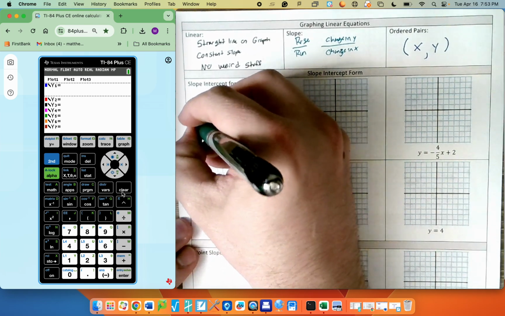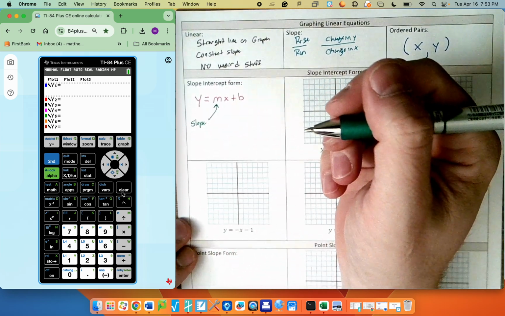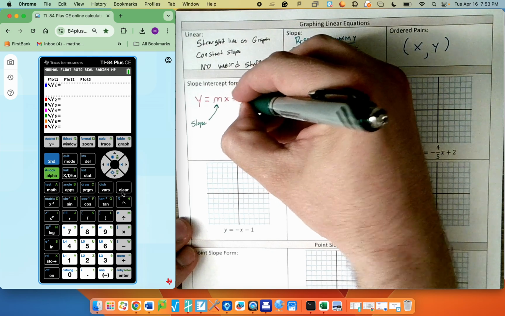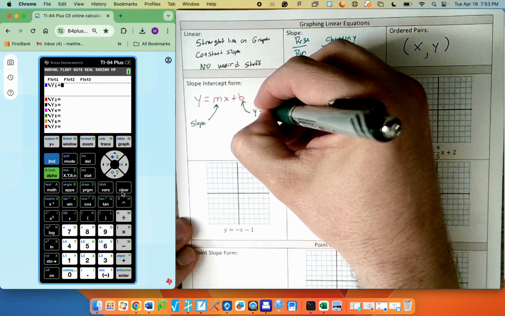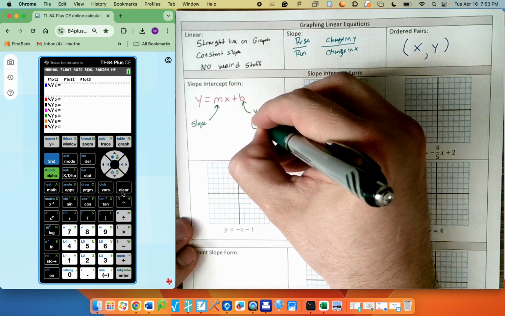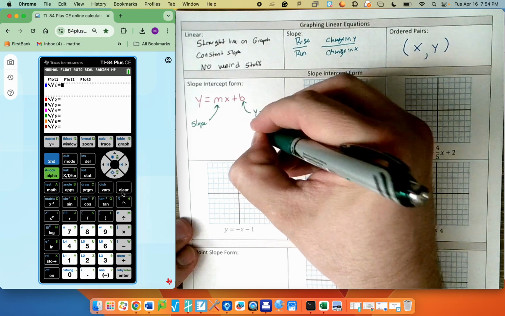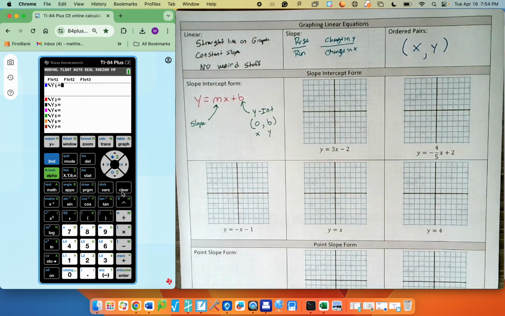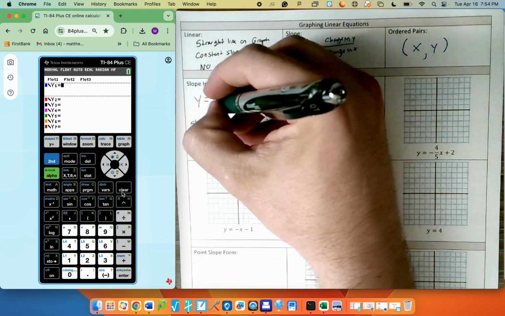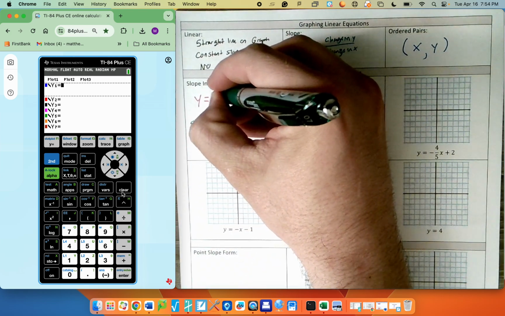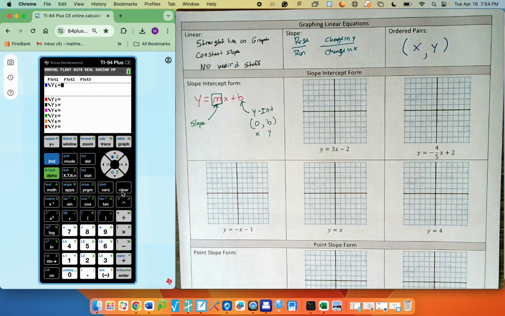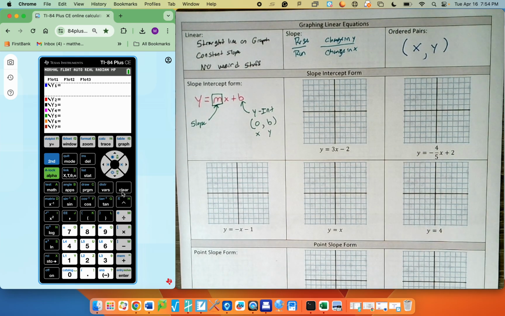M is your slope, while b is your y-intercept, 0, comma b. So that's your x value and your y value. That's how it gets its y-intercept name. Now, the thing about slope that I want to make abundantly clear is that it's just m.